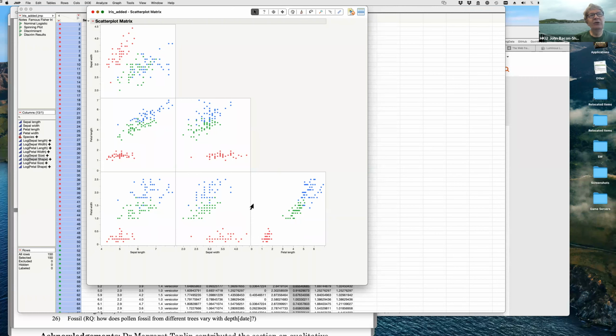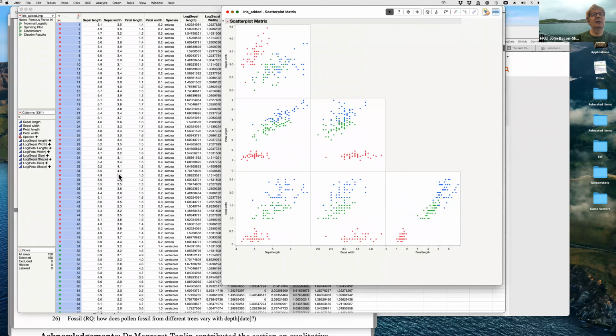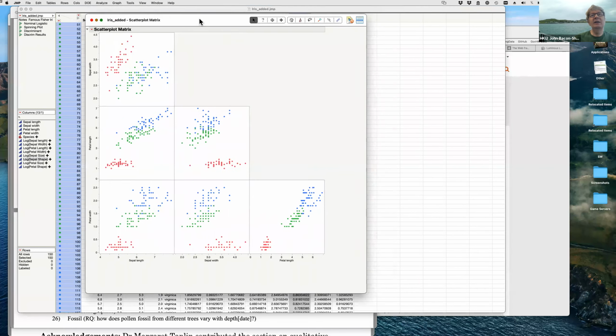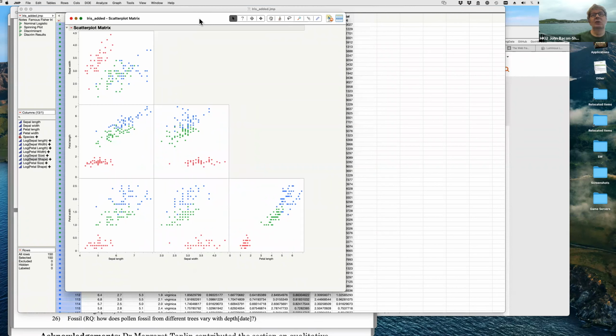But you can see also that the green and blue species, which are the versicolor and the, what's the other one called again? Virginica, are relatively hard to distinguish. So you can see there is definitely green and blue overlapping here. There's green and blue overlapping here.